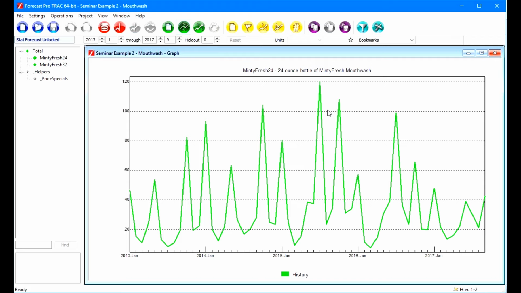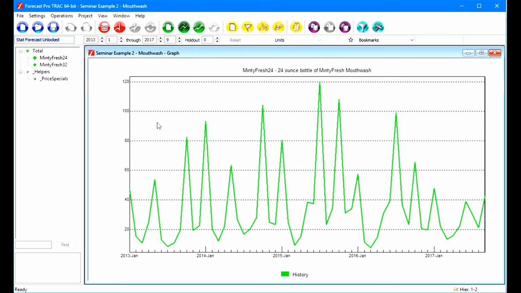People are going to use it pretty consistently throughout the year, and we definitely don't expect it to be seasonal. So while it looks like May and October and so on are just great months for mouthwash demand, it's not really being driven by seasonality. The spikes are being driven by price promotions.